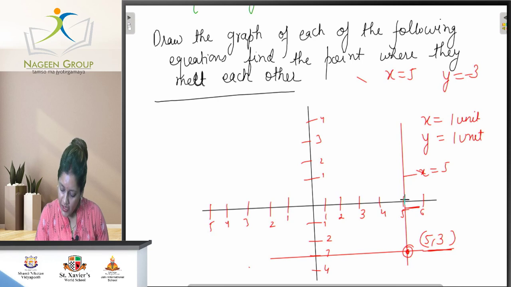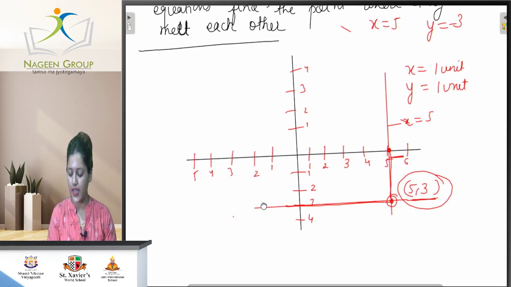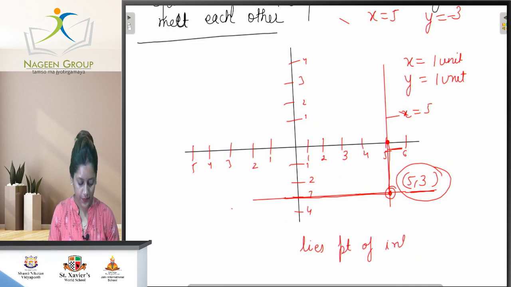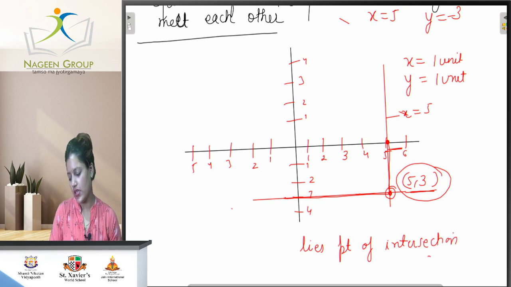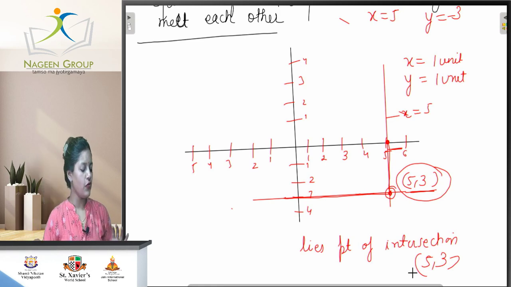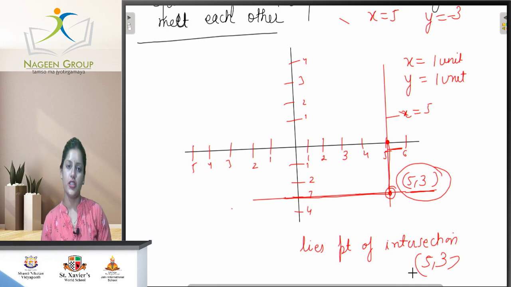We have taken the abscissa this and the ordinate this, and these both make a point that is 5, -3. So the point of intersection is 5, -3.